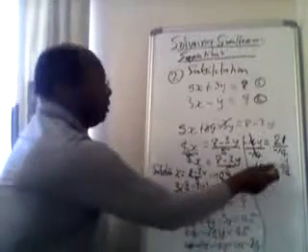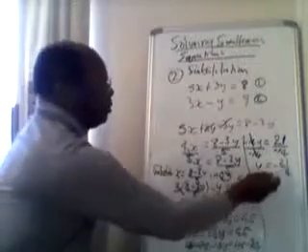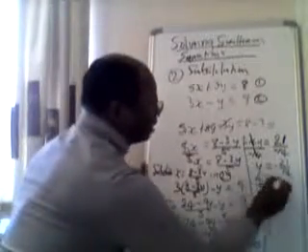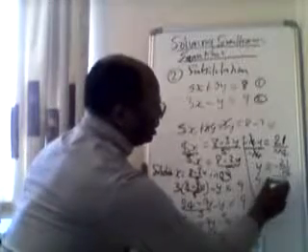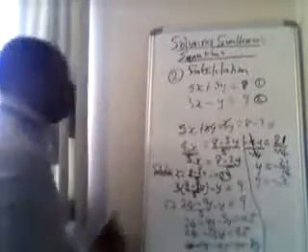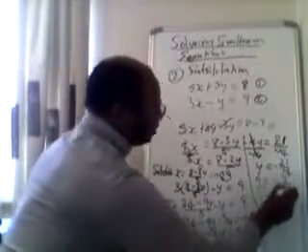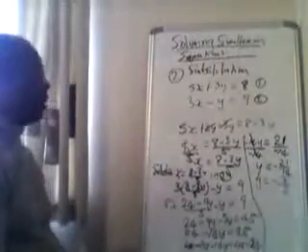I can divide by 7 on the top and the bottom. 7 into 21 gives me 3, so it's minus 3, and 7 into 14 gives me 2. So y is equal to minus 3 over 2.